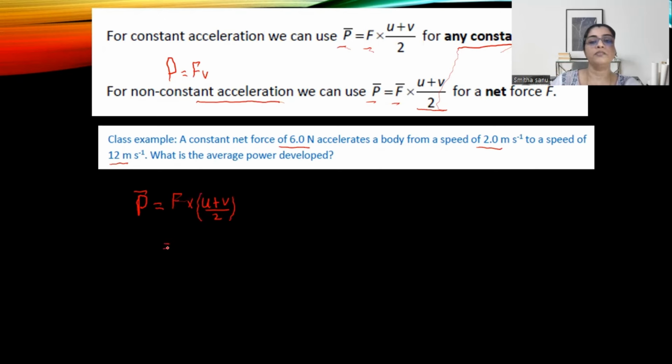Replace it with the values that we know. 6 newton times 2 plus 12 is 14 over 2, which is 7. 6 sevens are 42 watts. That should be the work done.